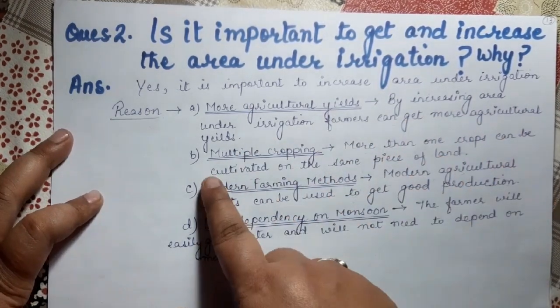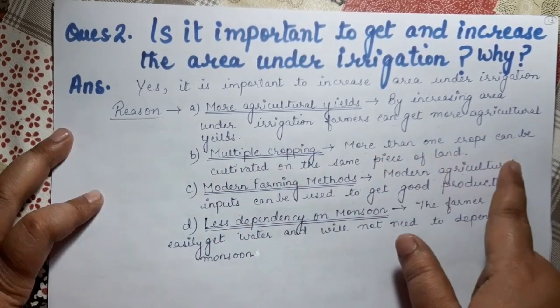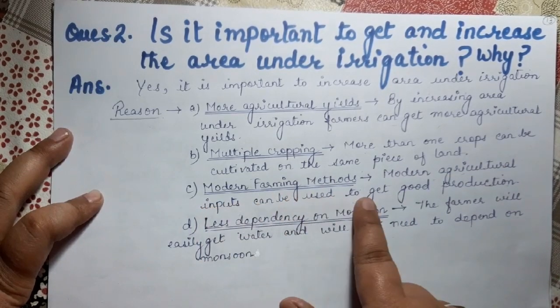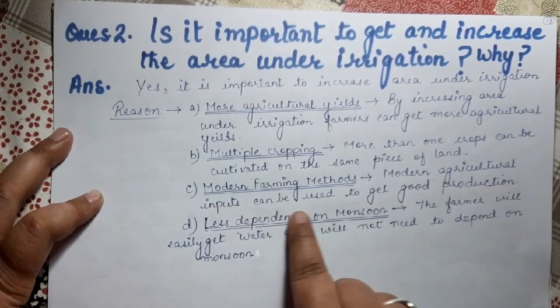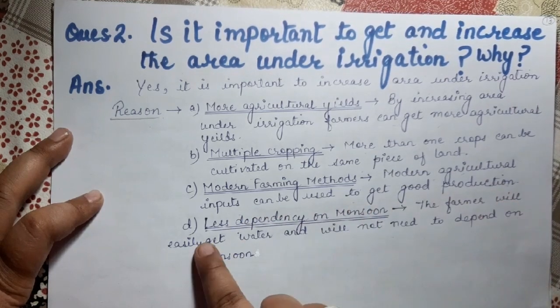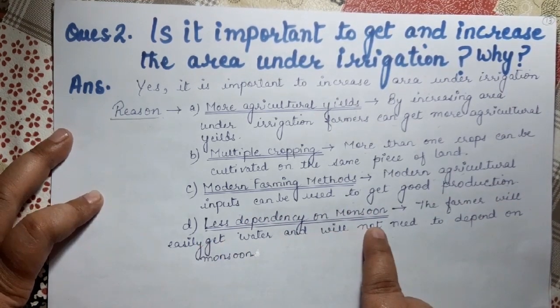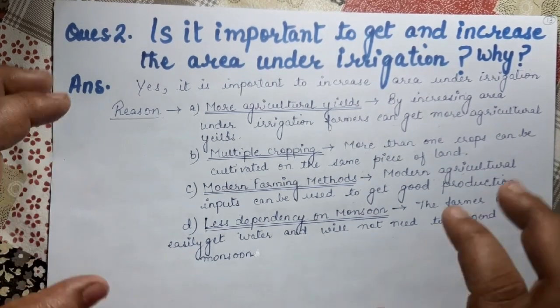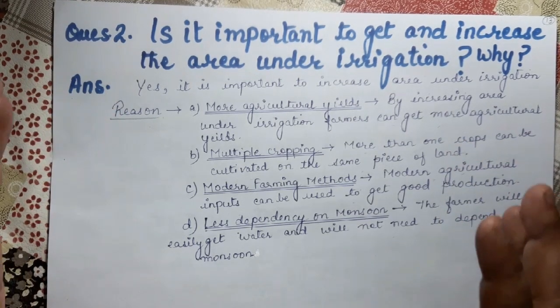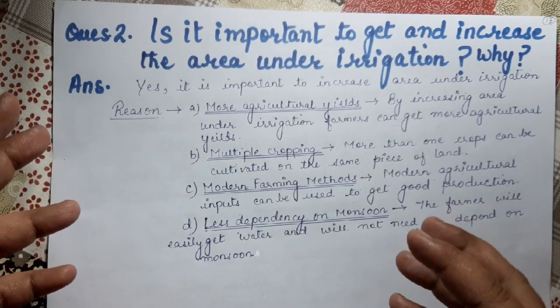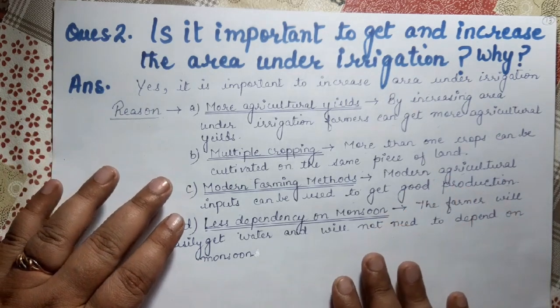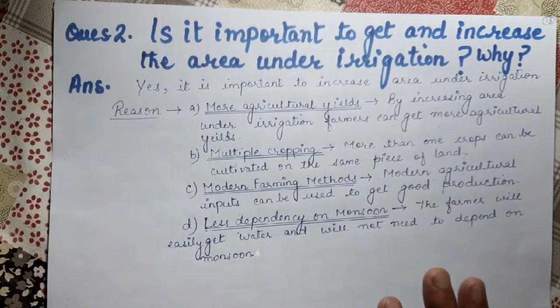B, multiple cropping: more than one crop can be cultivated on the same piece of land. C, modern farming methods: modern agricultural inputs can be used to get good production. D, less dependency on monsoon: the farmer will easily get water and will not need to depend on monsoon. This is the type of presentation you should use in your board exam and home exam, and it should be in points and headings.